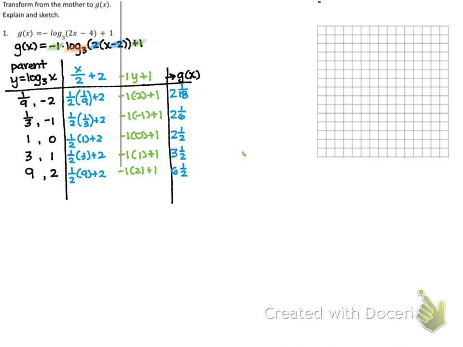Okay, so that's going to give me 2 plus 1, that's 3. 1 plus 1 is 2. 0 plus 1 is 1. -1 plus 1 is 0, and that's -1. Get rid of that errant mark. Let's put some commas between these now.